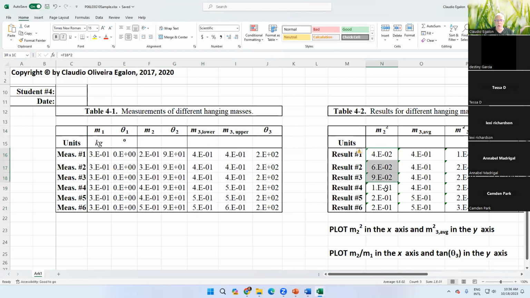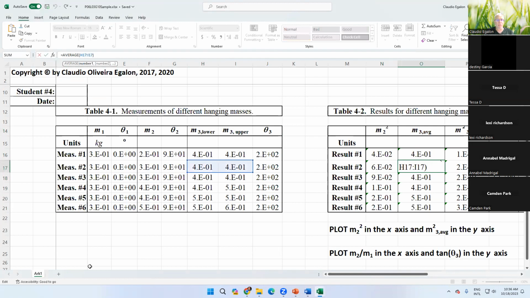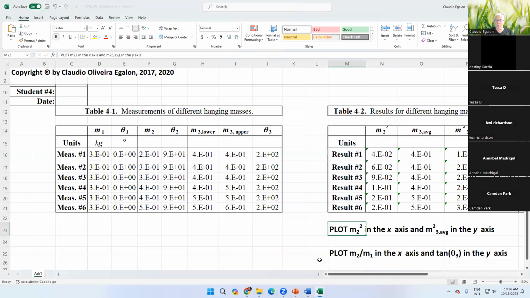So I calculate M2 squared, that's what this column is all about. I calculate the average, M3 average, taking the average of those two values, and then M3 average squared. Why is that? Because we're going to plot M2 squared on the x-axis and M3 average squared on the y-axis.